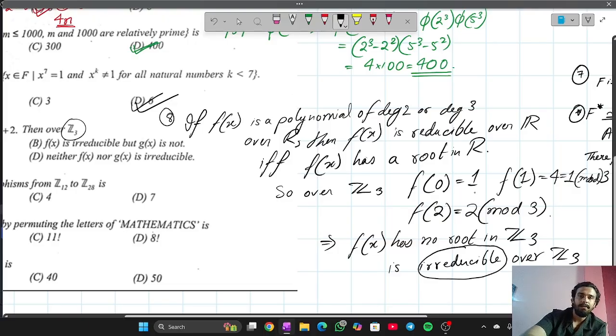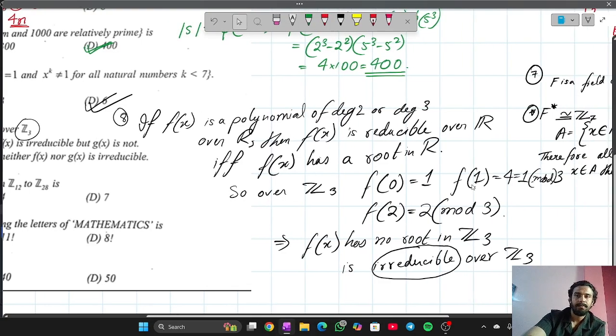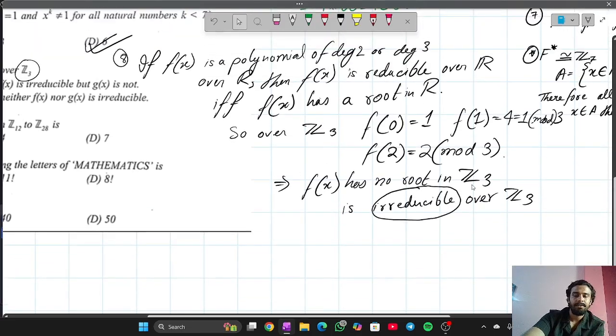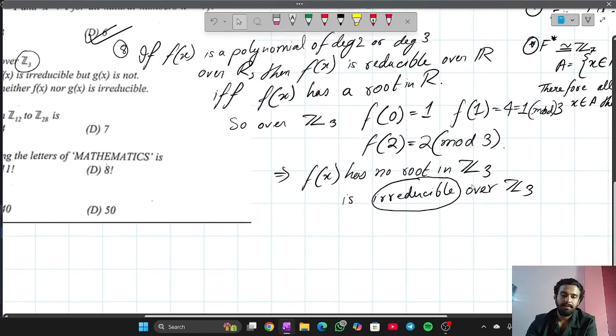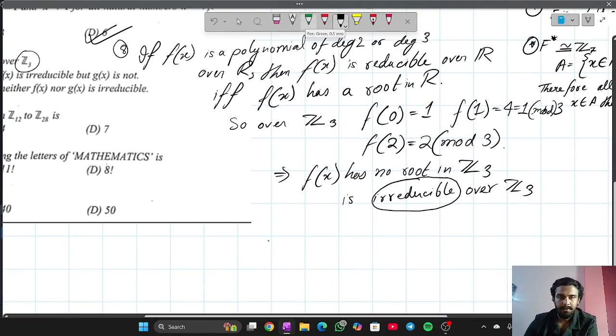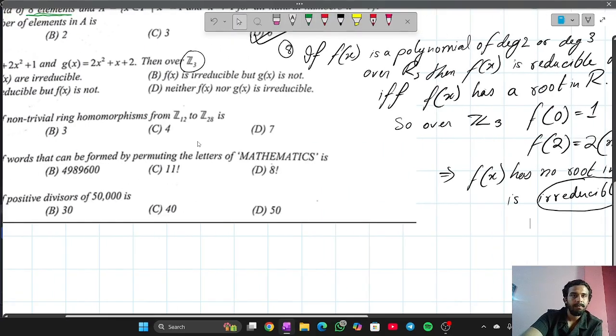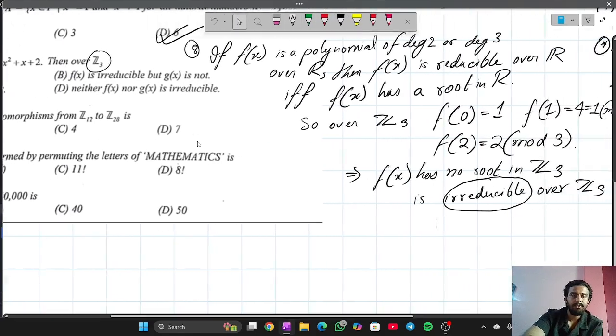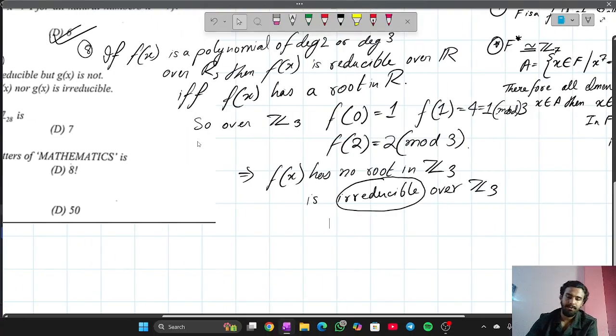Okay, now let's talk about the next one, that is g(x). Now if we consider g(x), it was given as 2x squared plus x plus 2.